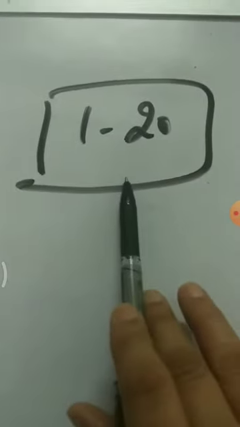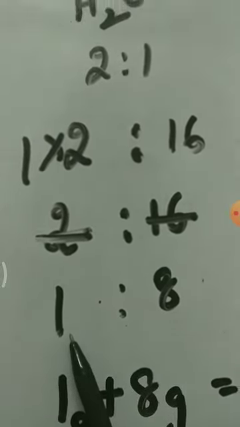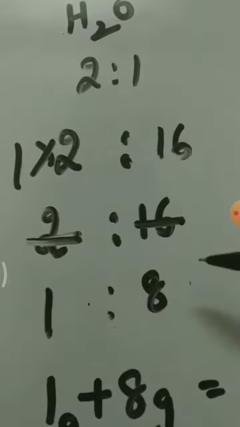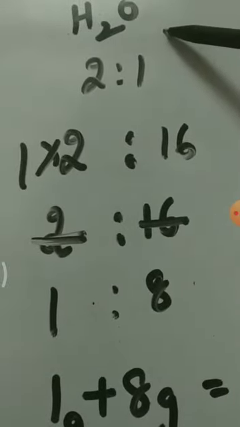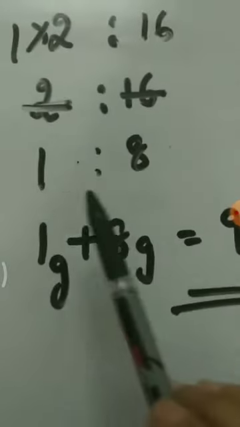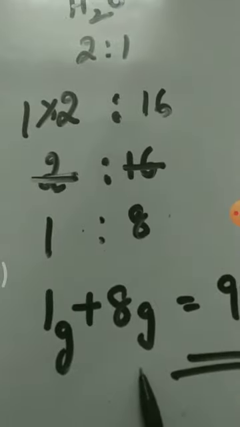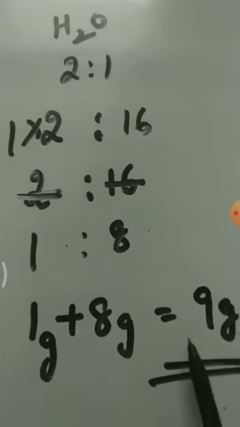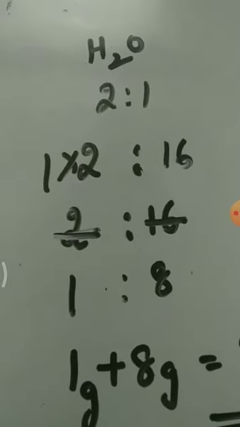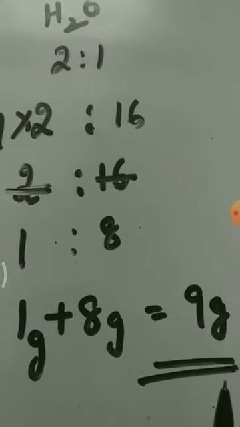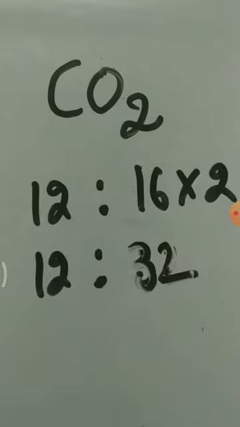So when we divide, we get the ratio 1:8. It means 1 part of hydrogen and 8 parts of oxygen are present in water. So when we add the mass of both hydrogen and oxygen, we get the mass of water. So mass cannot be created or destroyed, it remains the same.